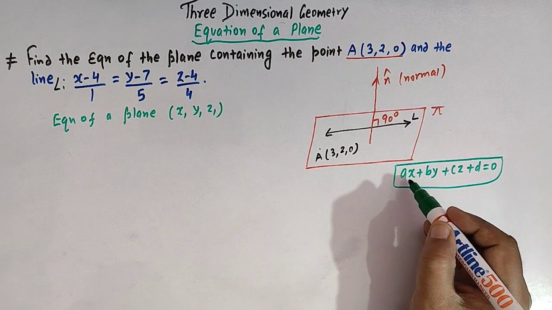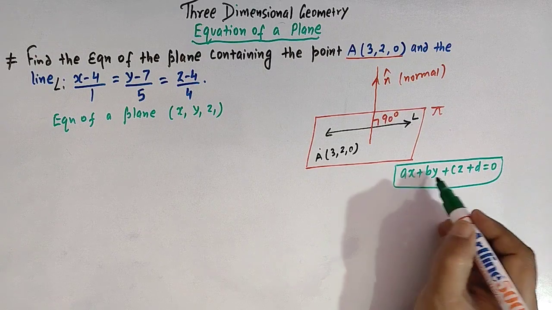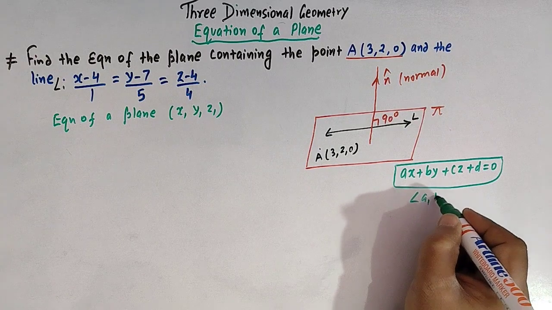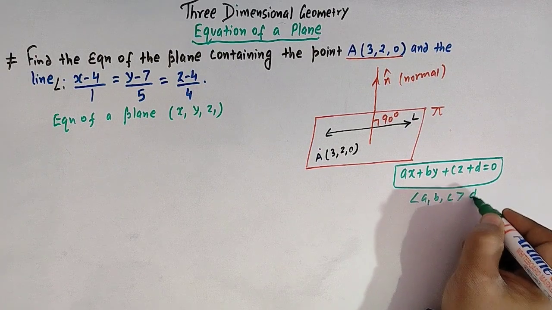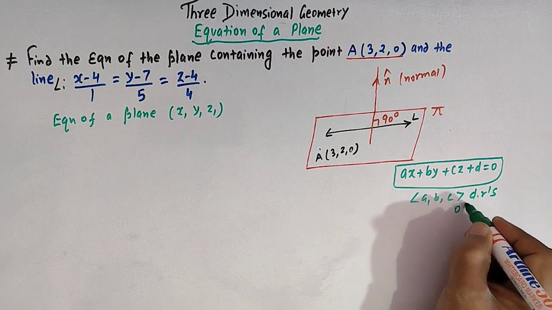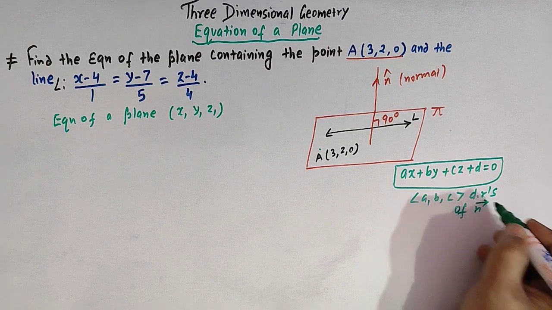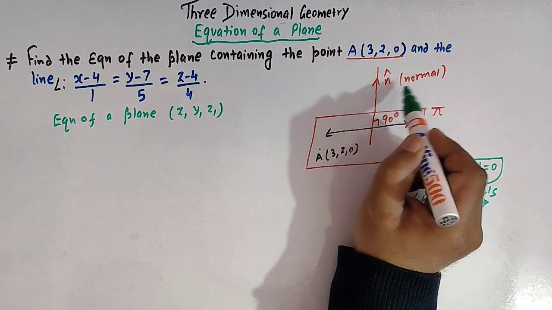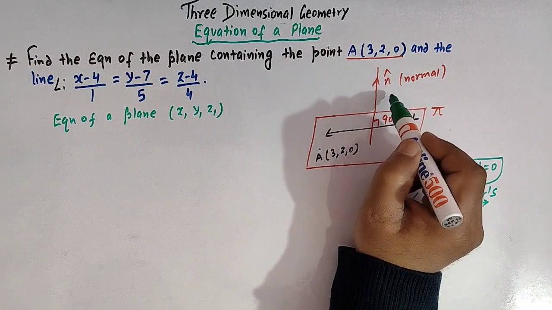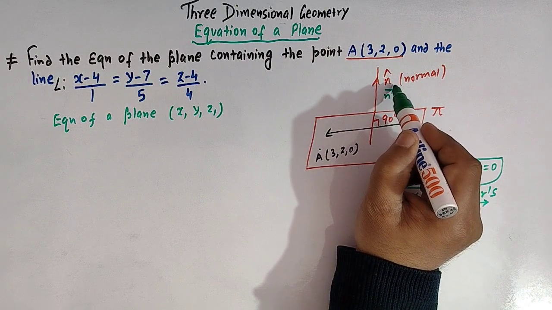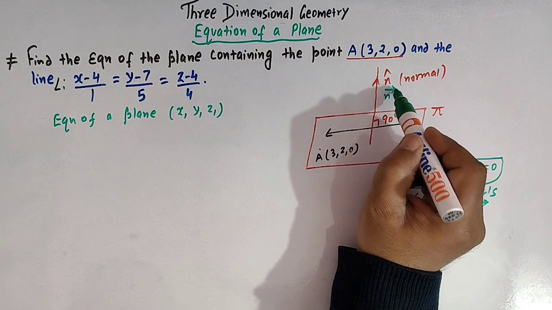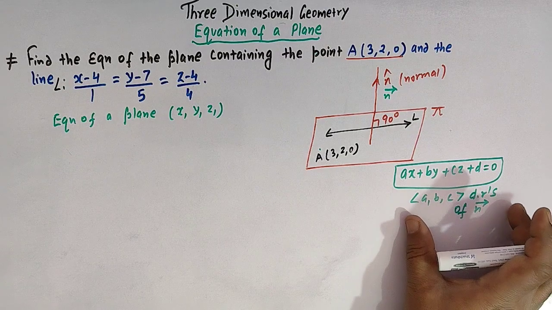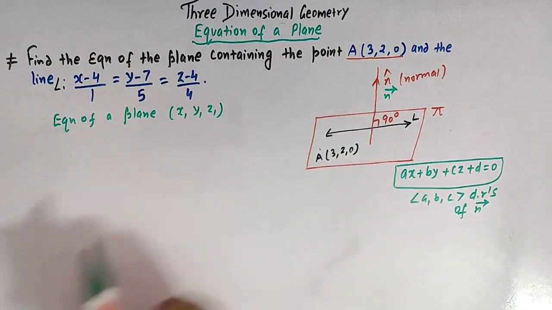And here the coefficients of x, y, z are a, b, c. So a, b, c are the direction ratios of the normal vector. So here we have the normal vector. We can take it as n cap, the unit normal vector, and if we take it as vector n, then this is the normal vector. So a, b, c are the direction ratios of this normal vector.